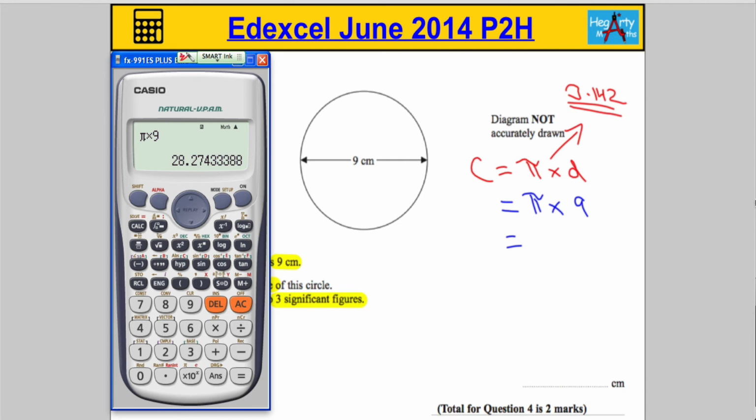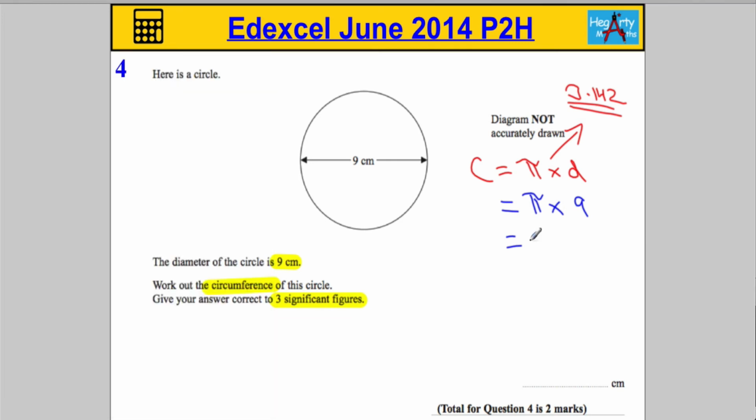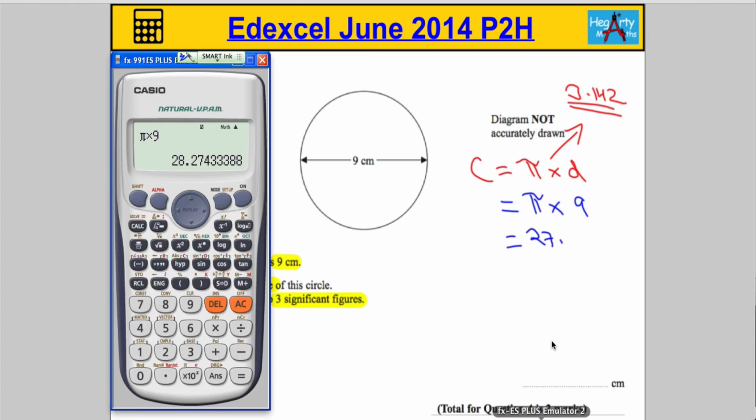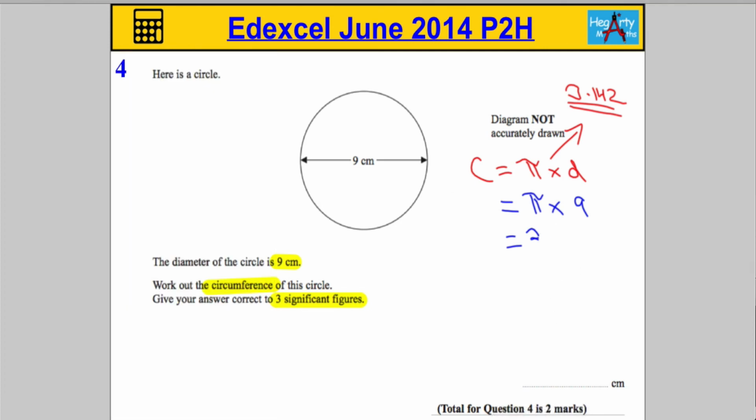First and foremost, I'm going to write down the whole number first and then I'll round it. So 28.2743338, running out of space there.